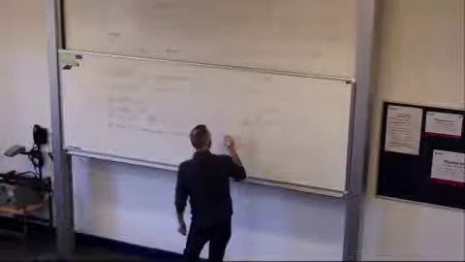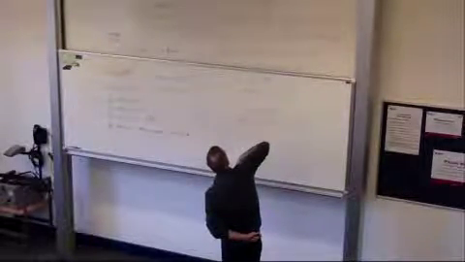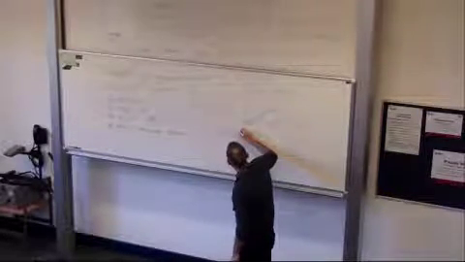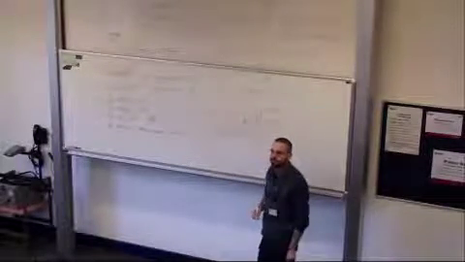The sum of these vector spaces is essentially the sum of all those combinations, and the sum should be R3. Can you see that?